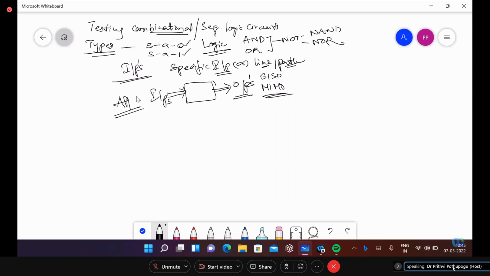How can you pronounce that? If you know the truth table for this design, you compare the practical output with the truth values according to the table. If they are similar, we say that they are working properly.